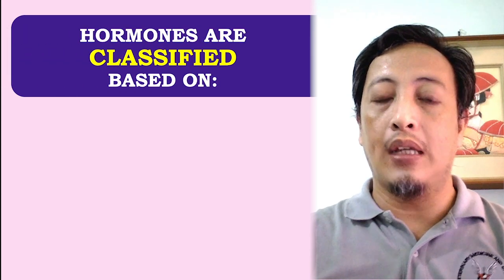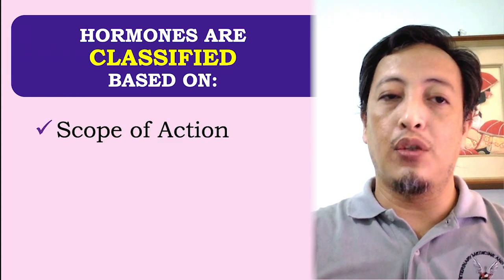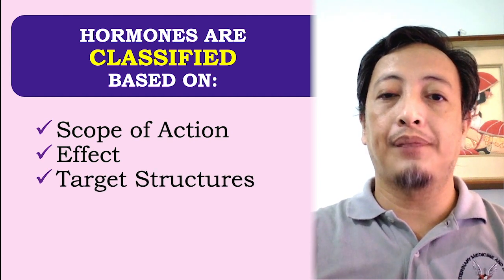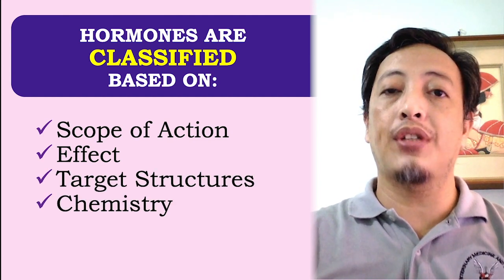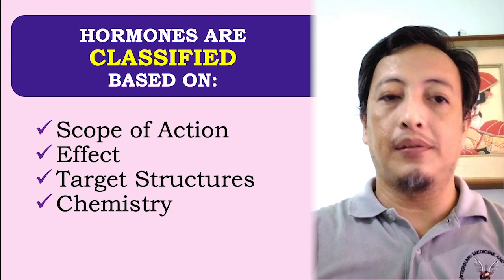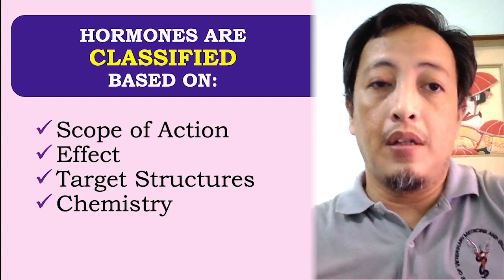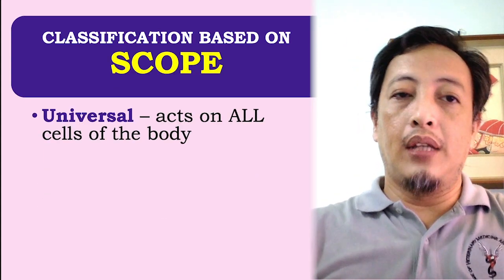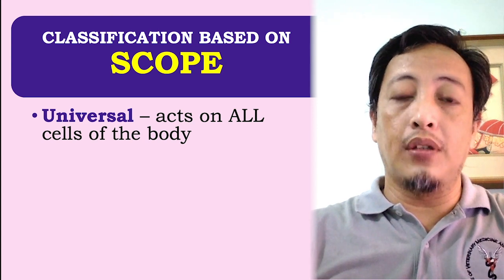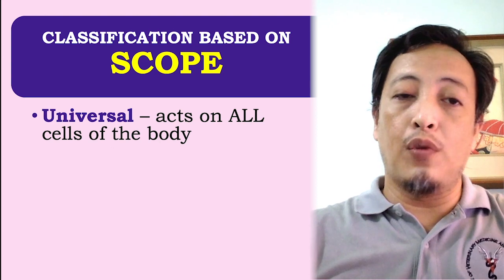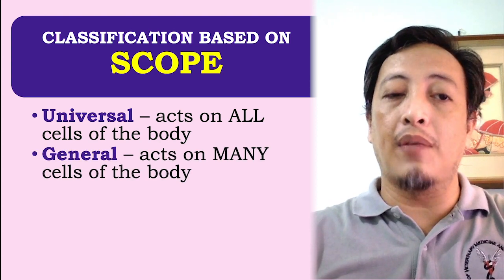Okay, so for hormone classification, there are many ways hormones are classified. They usually are based on scope of action, effect, target structures, chemistry. So yun yung main basis for classifying. So for the scope, they are classified as universal. These hormones are those that act on all cells of the body.